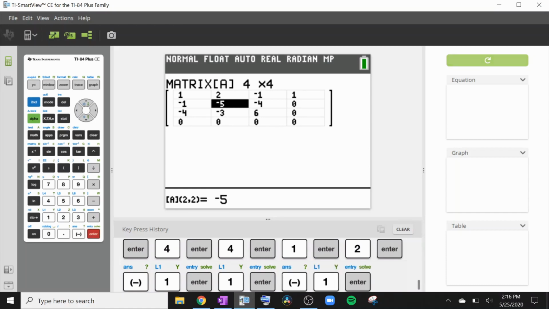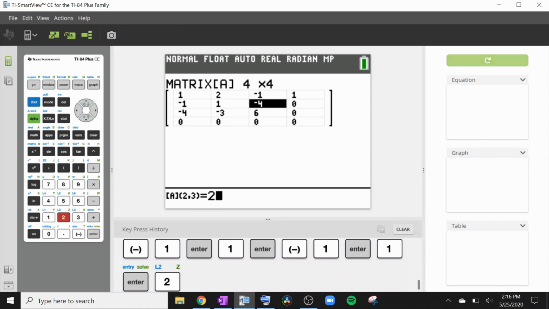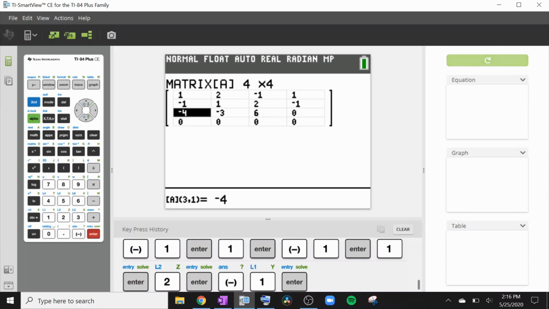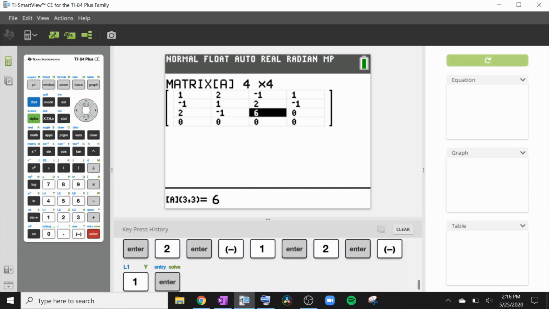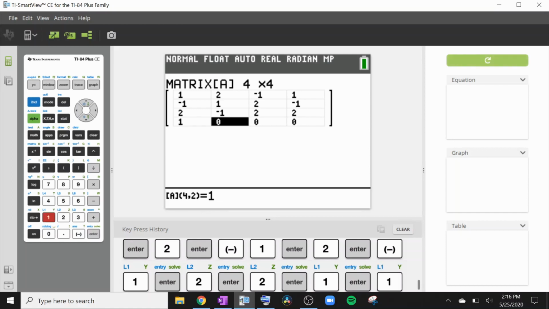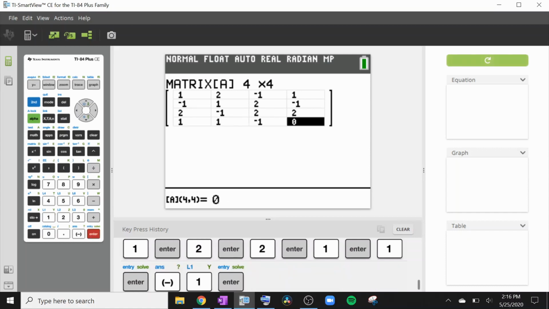Negative 1, 1, 2, negative 1. Okay. 2, negative 1, 2, 2, 1, 1, negative 1, and 2. So this is our 4 by 4 matrix A.